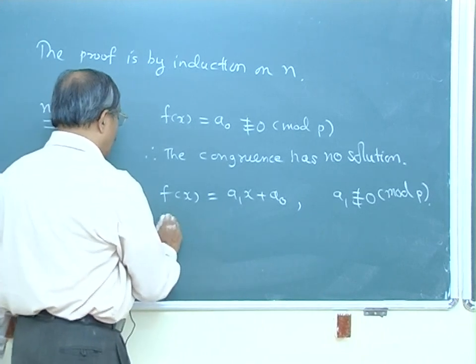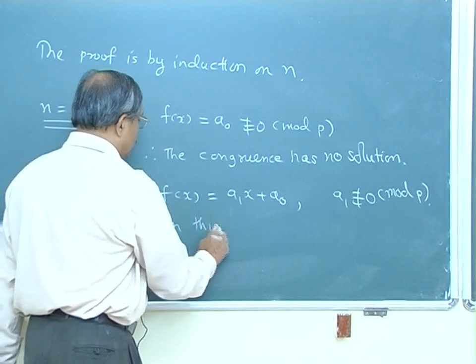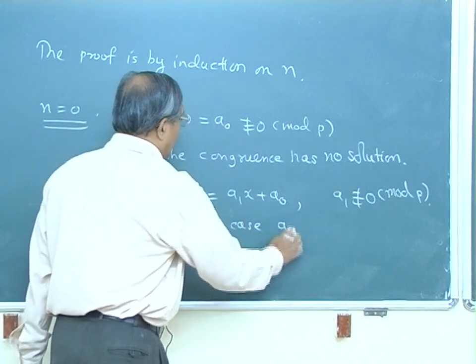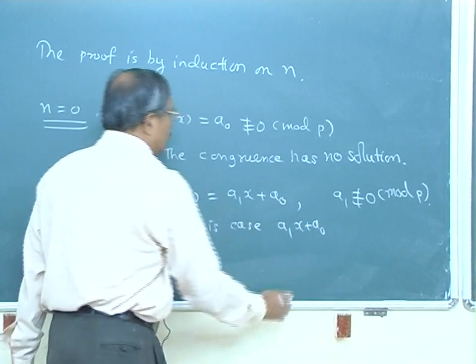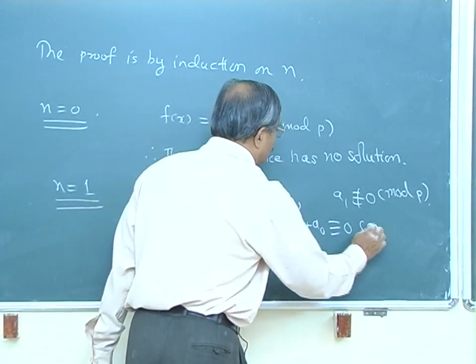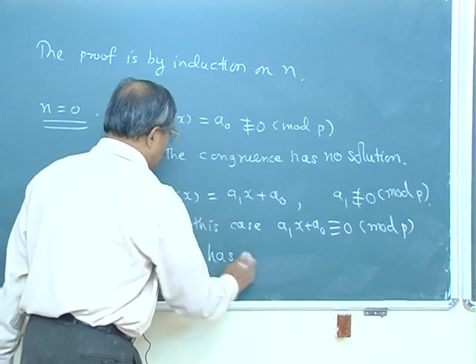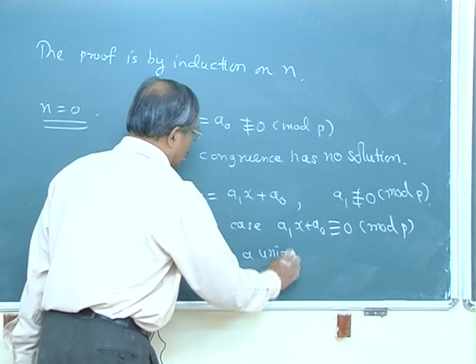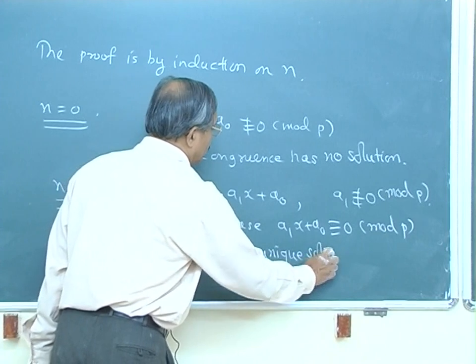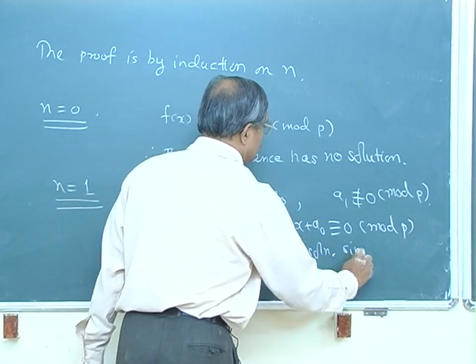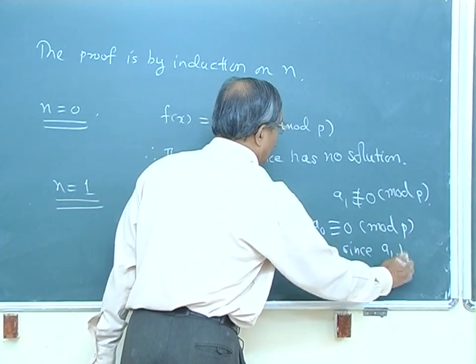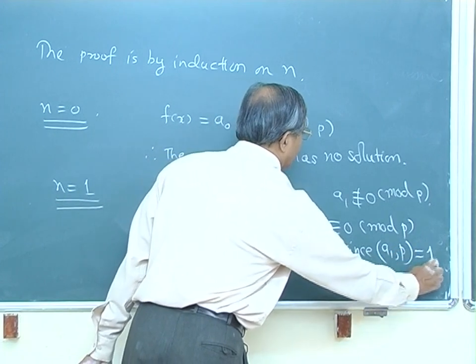Therefore, in this case, a1 x plus a naught congruent to 0 mod p has a unique solution, since gcd(a1, p) equals 1.